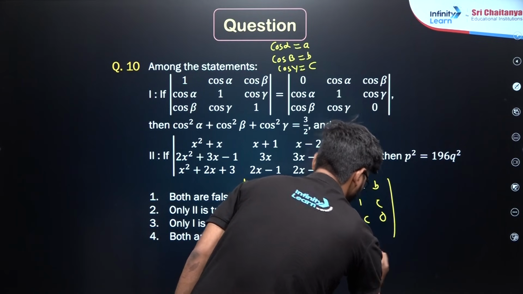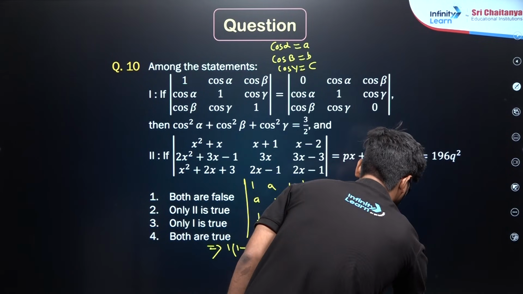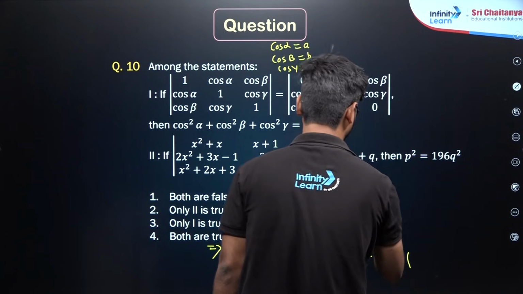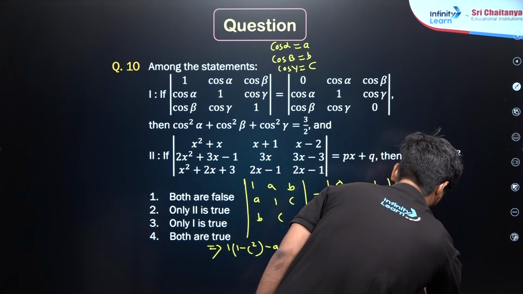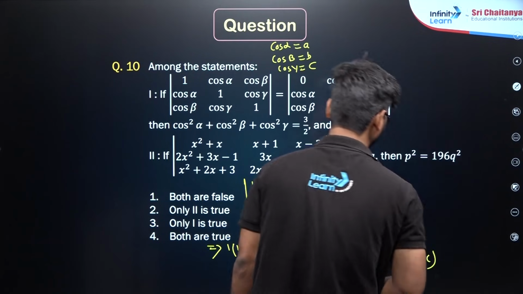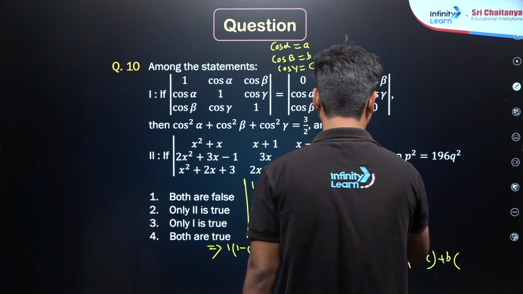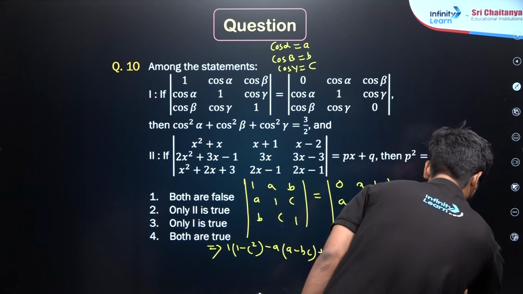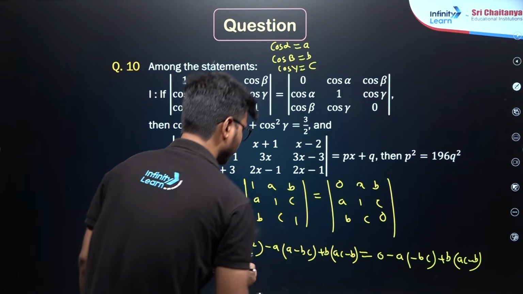Let's solve this one. The first one will be 0, the second one will be minus A times minus BC, because 0 minus BC is minus BC, plus B times (AC minus B). Now let's simplify it.